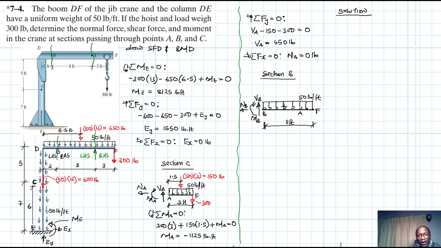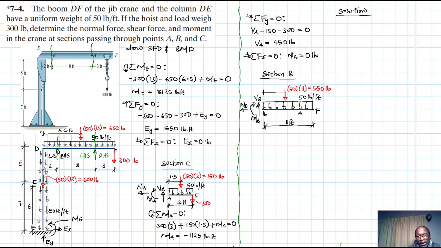Okay, and then we are going to have an equivalent force there, which is just going to be equal to the intensity 50 by the length 11, and this gives us 550 pounds, right?